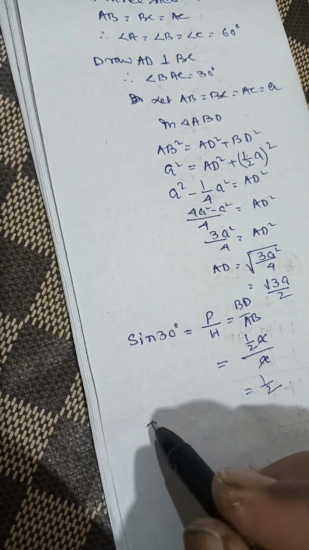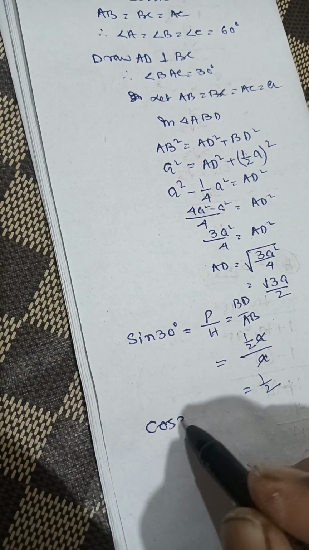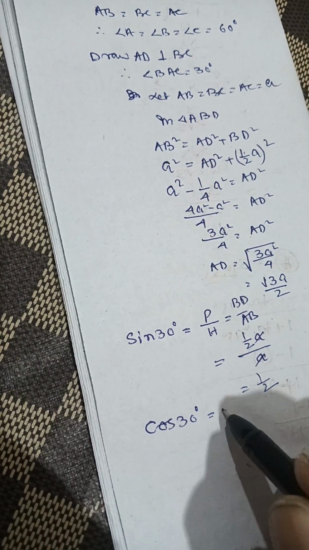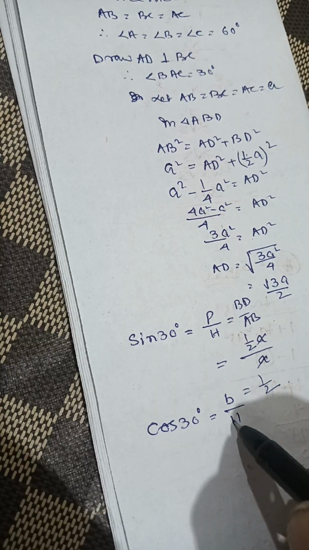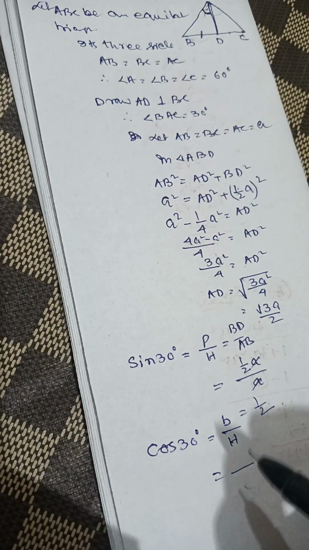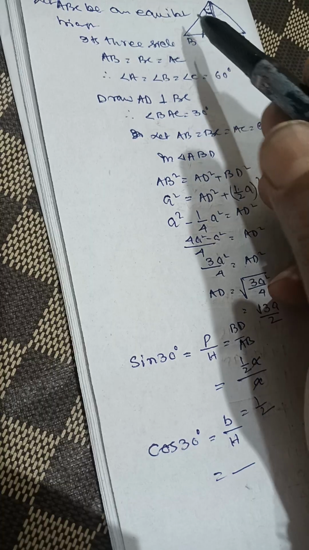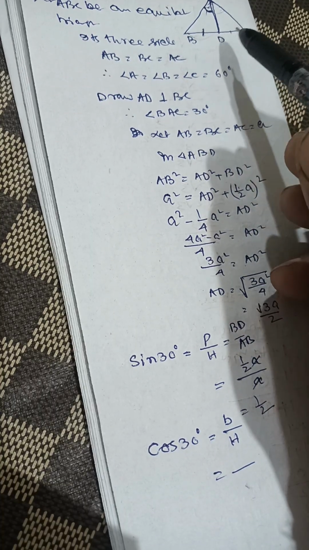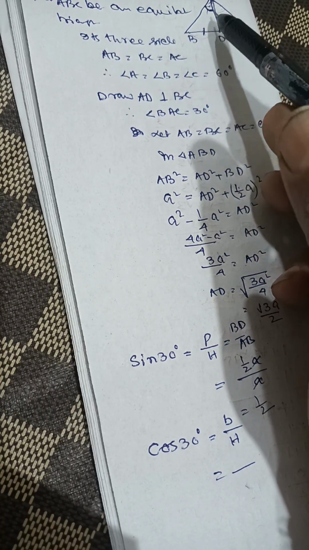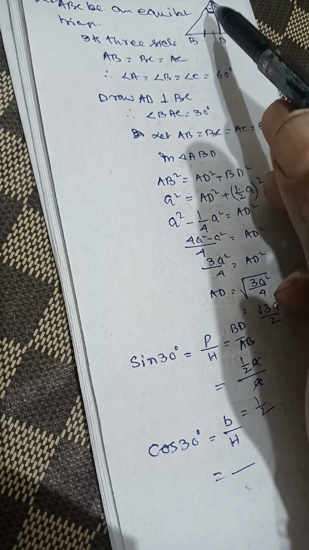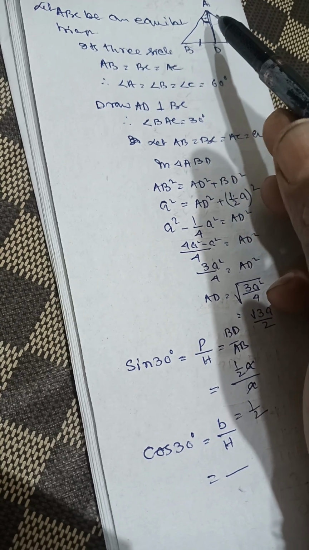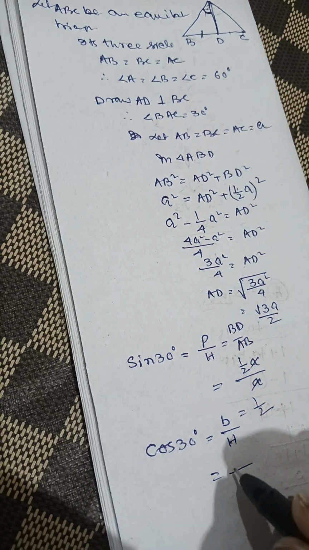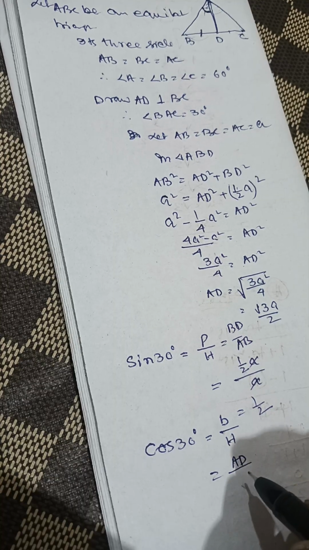From here you can find cos 30 degree also. Cos 30 degree formula, you know B by H. In the diagram you see, this is perpendicular, this is base, and this is the hypotenuse. So base will be AD and hypotenuse is AB.